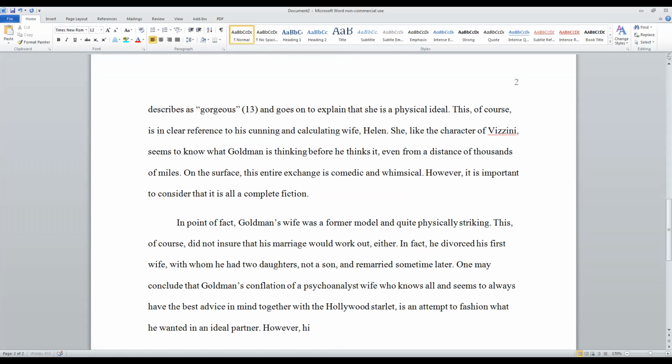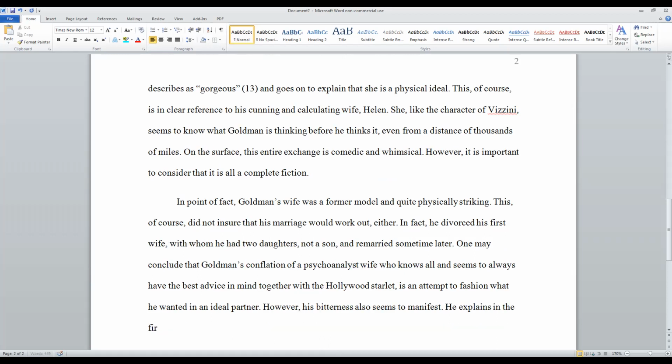However, his bitterness also seems to manifest. He explains in the first chapter that Helen, his fictional wife, would eventually leave him.